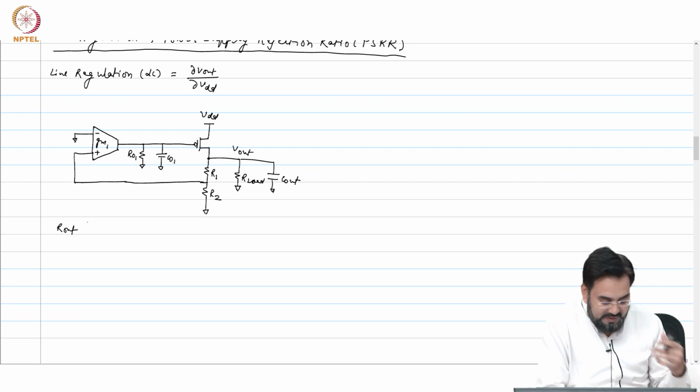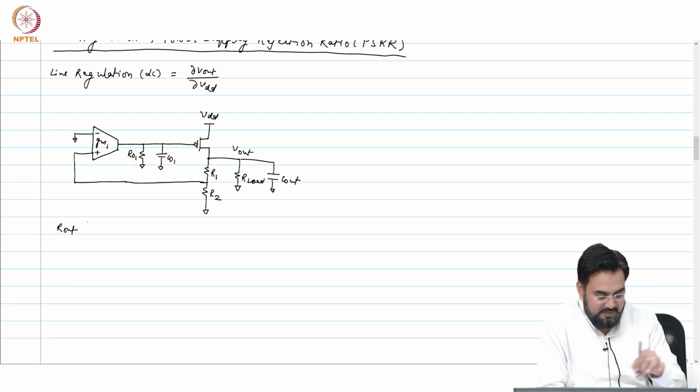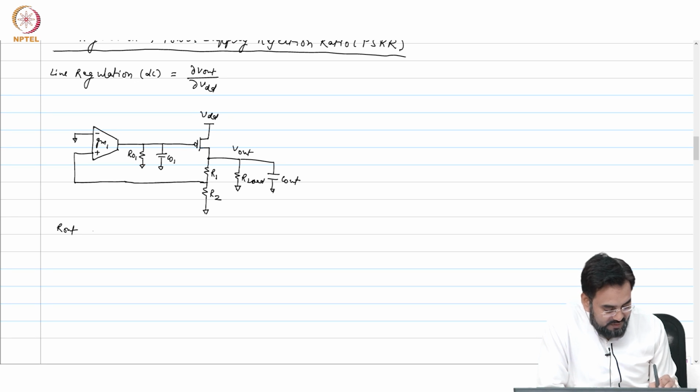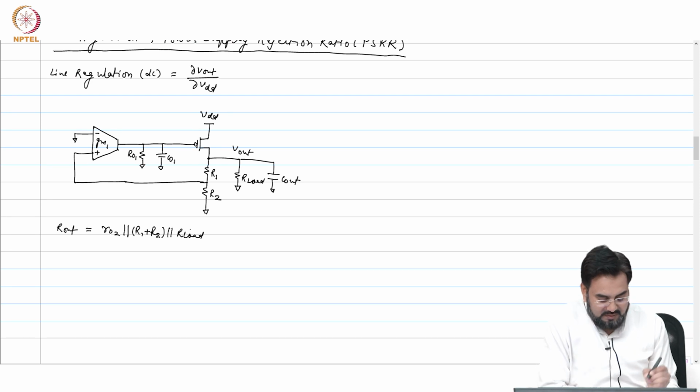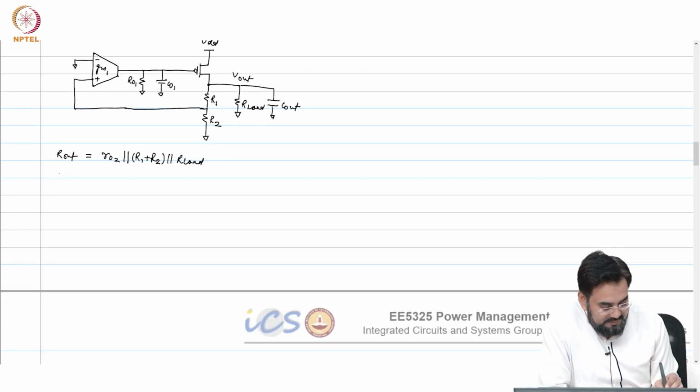It will just complicate your equation, but approximately you will get the same thing even if you ignore it. So R out equals RO2 parallel with R1 plus R2 parallel with R load.